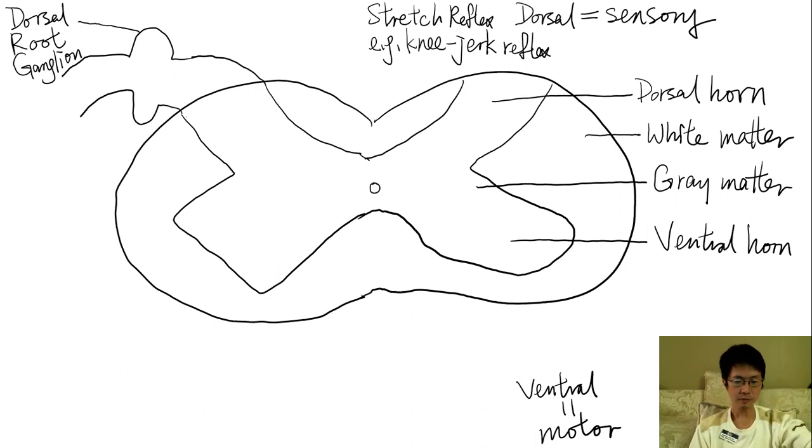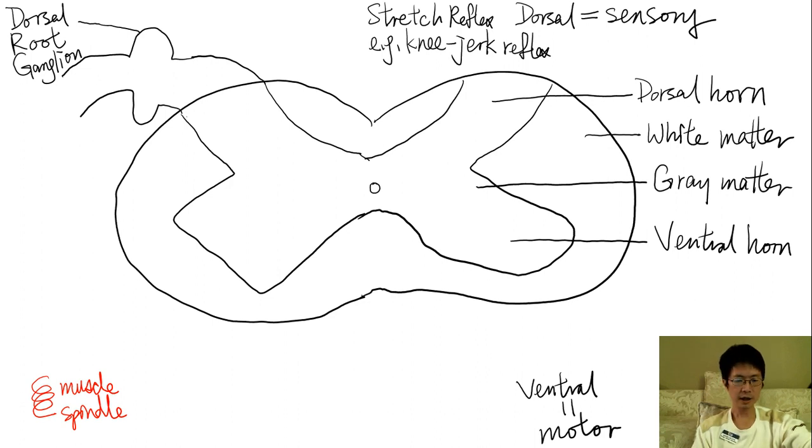Remember, I told you in the previous slides what kind of receptor is involved in the stretch reflex. That is the muscle spindle. Muscle spindle is the receptor for stretch reflex. And then guess what?